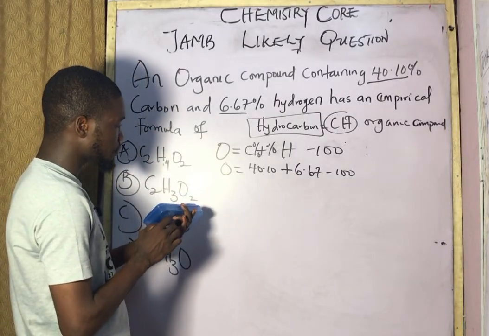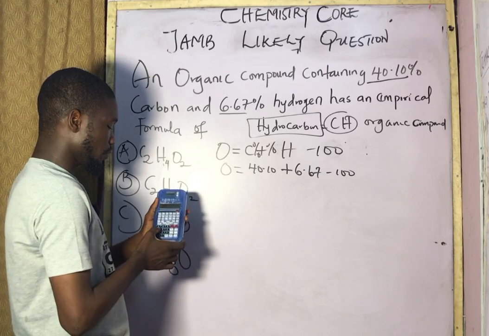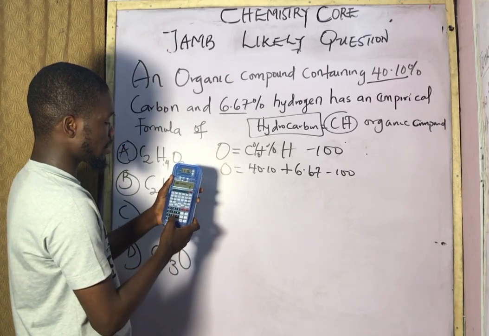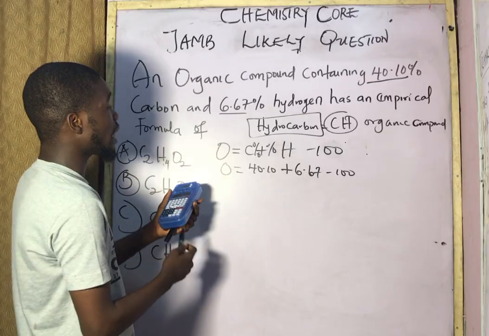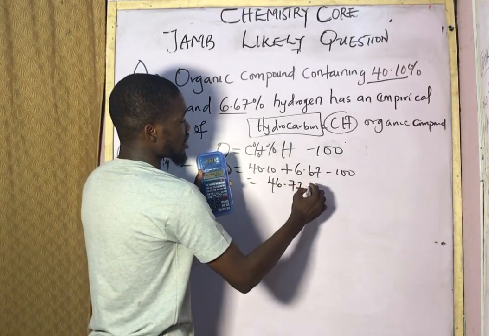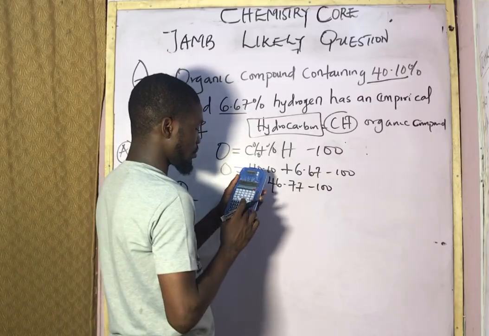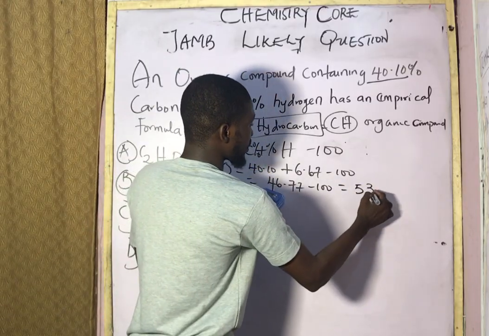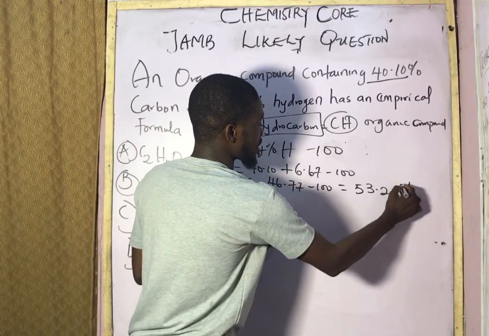We have 40.10 plus 6.67. We have 46.77 minus 100. In that case, we have 53.23%.